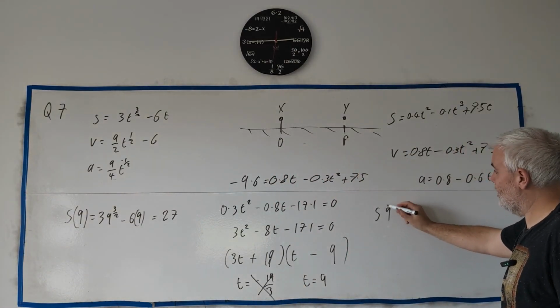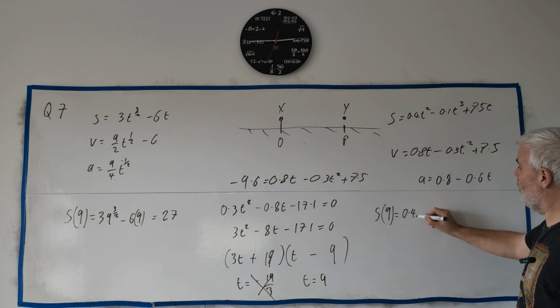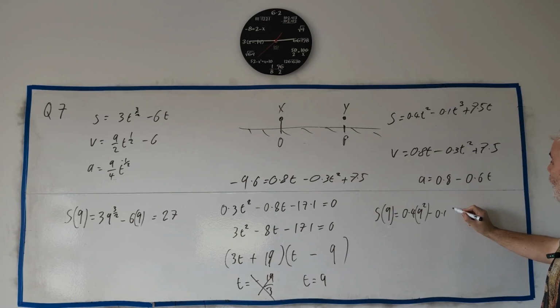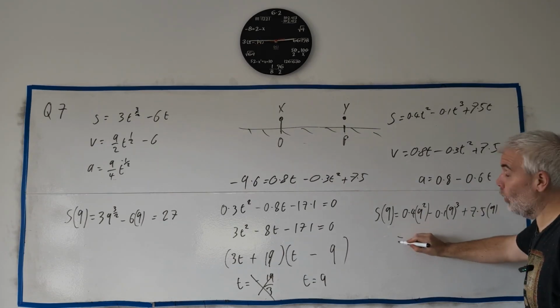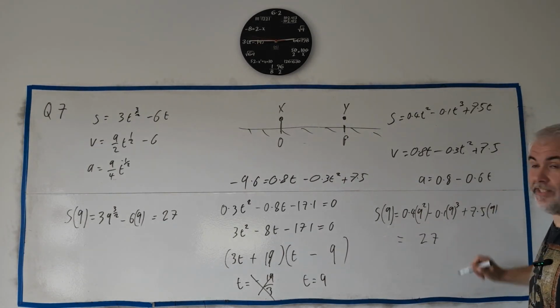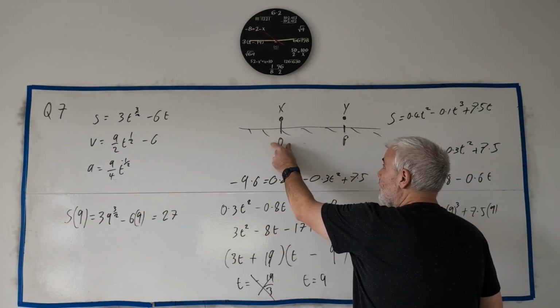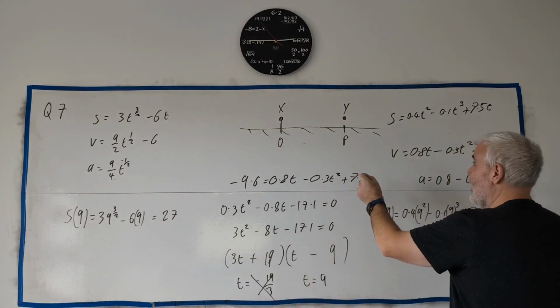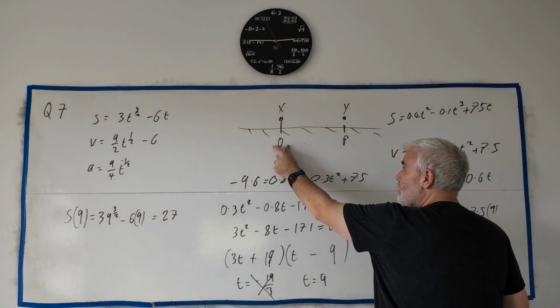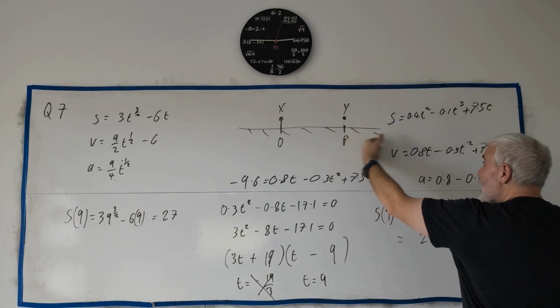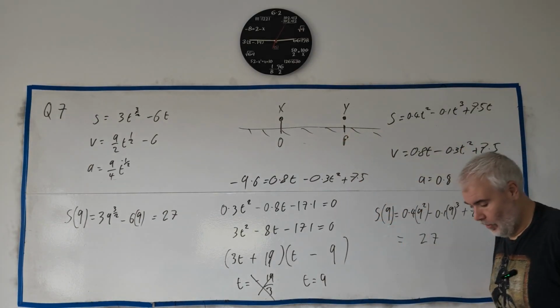This s at 9 seconds is equal to 0.4 times 9 squared minus 0.1 times 9 cubed plus 7.5 times 9. Put all that into the calculator. We also get 27. The displacement from 0 of x is 27 away from 0 off to the right. Y is 27 away from p off to the right.